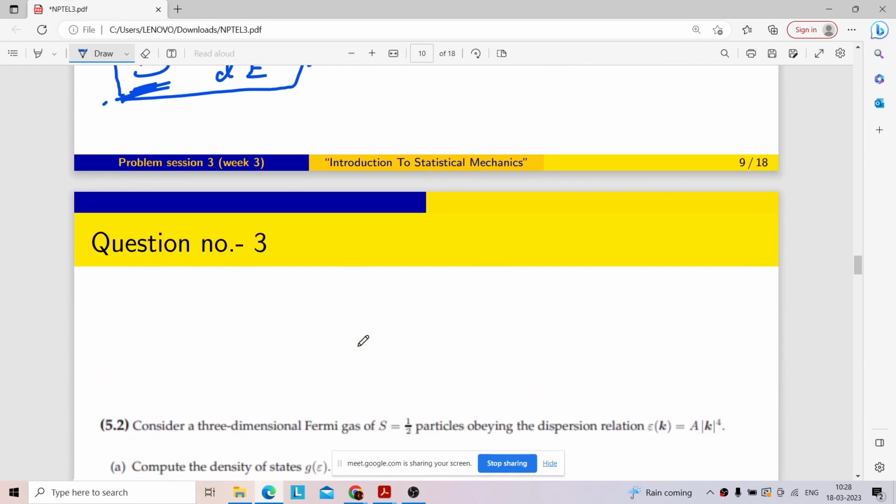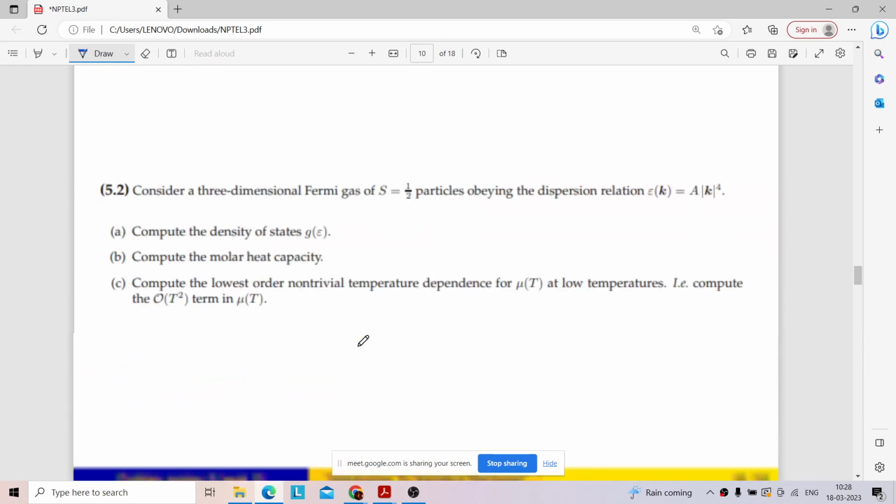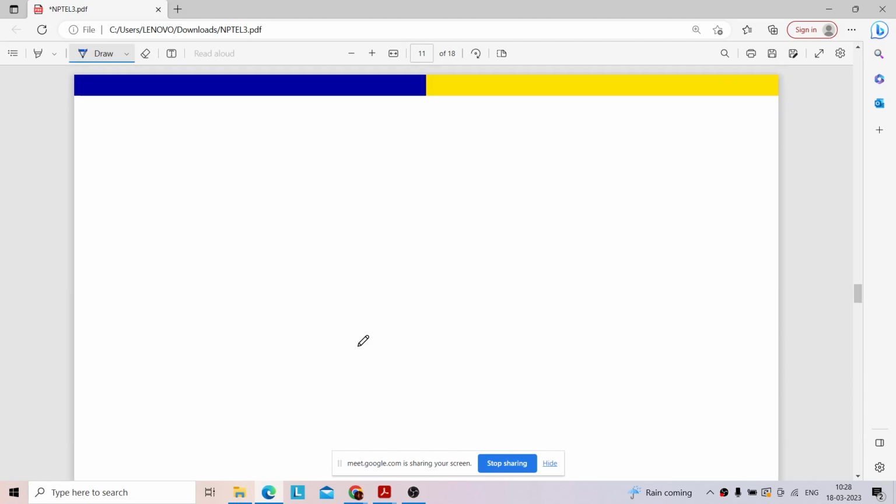Next we have to find the energy relation. It will be much easier for us if we don't do this in energy space. We can take this to some other arbitrary space, let's say k, where k is my wave vector.